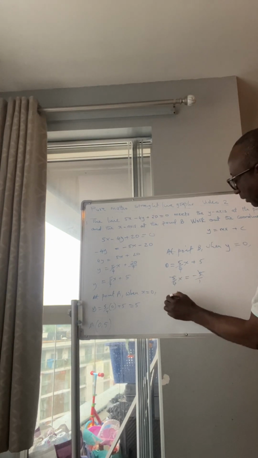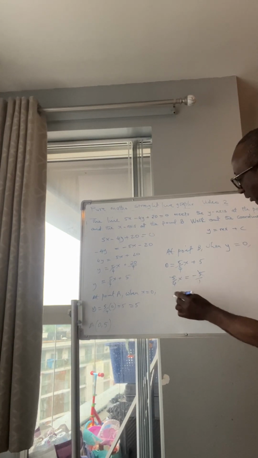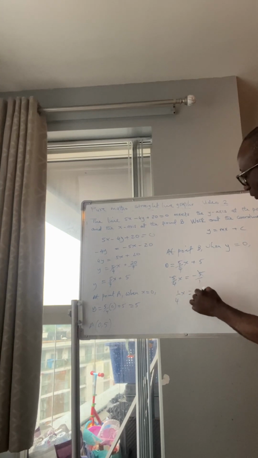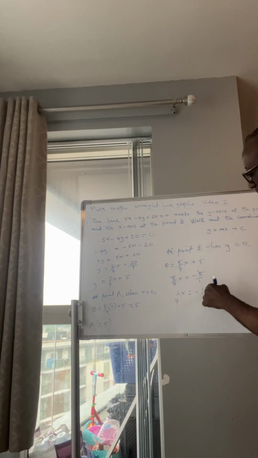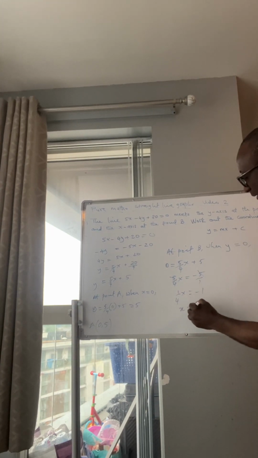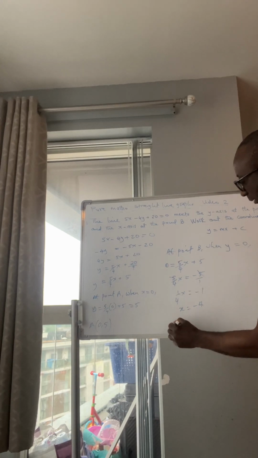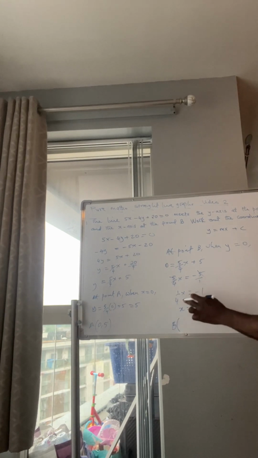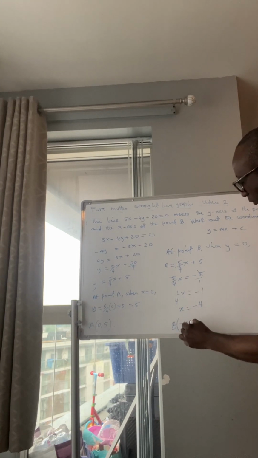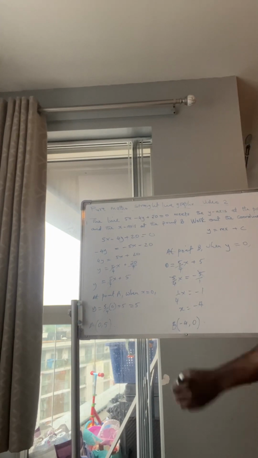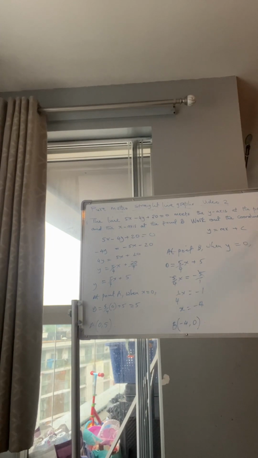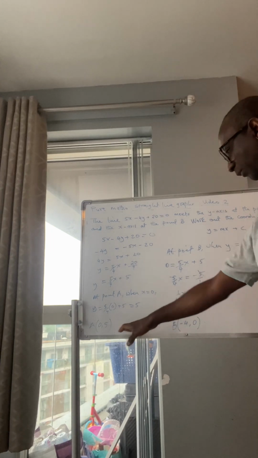So you now have 4x equals minus 1. This will come here. So you now have x equals minus 4. Which means at point B, when x is minus 4, y is 0. So these are your coordinates. What are the coordinates of A and B? These are the coordinates of A and B.